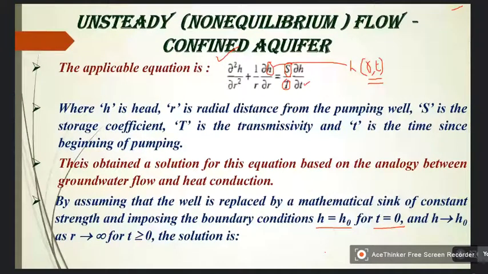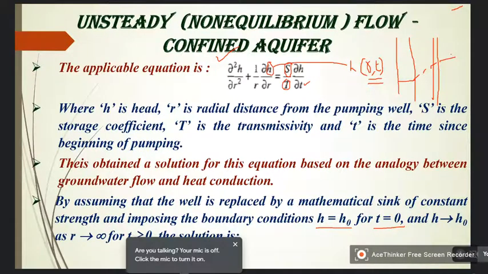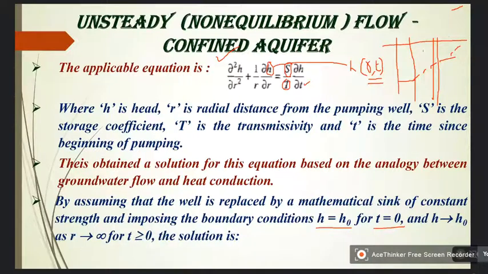That is, initially, if your pumping well is this, and your observation point is here, and your initial level is this, considering this as H0, now at t equal to 0, what is the level in the well?